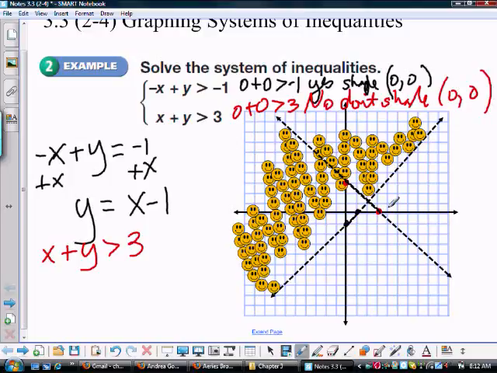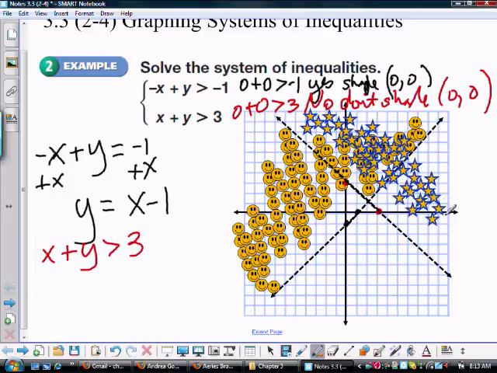So if I'm on the second line here and I'm not shading the side with 0, 0, I'm shading up above here. And let me grab another cool shading. Let's do stars. So I'm going to shade above.